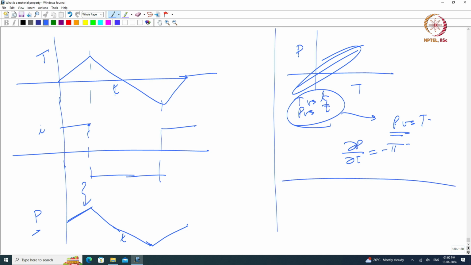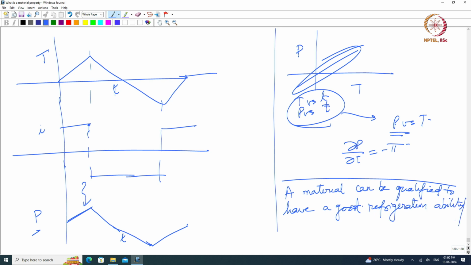So I can qualify a material to be a good electrocaloric material or not just by looking at its pyroelectric effect, right. A material can be qualified to have a good refrigeration ability, or electrocaloric effect, just by looking at the magnitude of the pyroelectric coefficient.